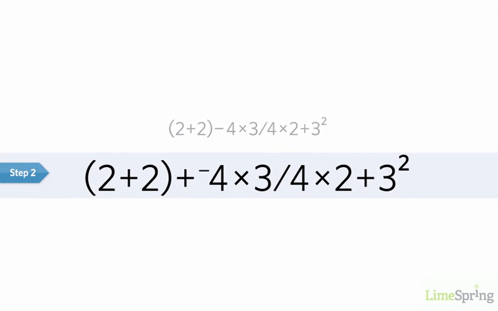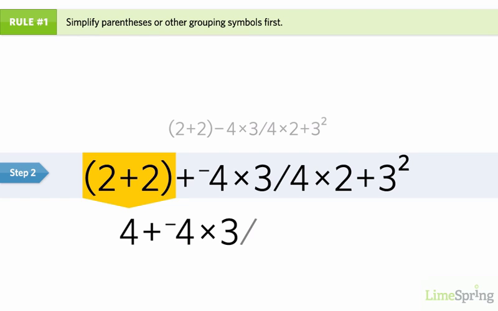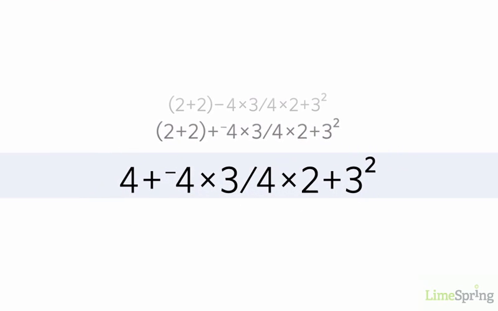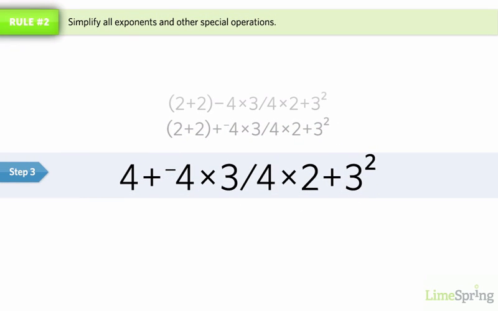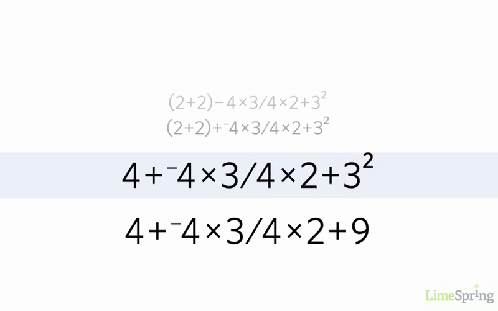So we start at the top of our list and simplify parentheses first. 2 plus 2 equals 4, so we have the expression 4 plus -4 times 3 divided by 4 times 2 plus 3 squared. Okay, let's move on to exponents. 3 squared equals 9, so we get 4 plus -4 times 3 divided by 4 times 2 plus 9.